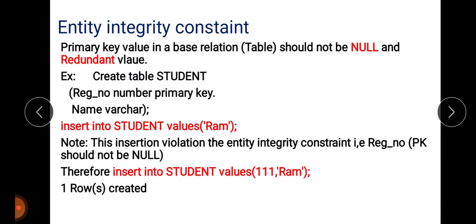Next one is entity integrity constraint. The primary key value in a base relation, that is a table, should not be null or redundant.